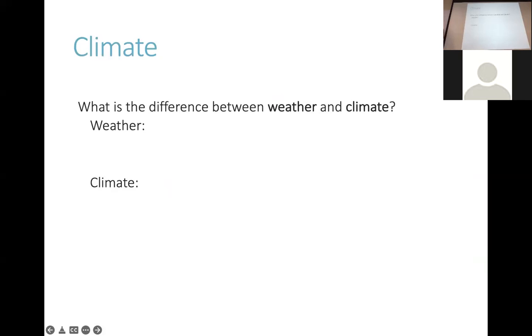Is it a hot summer? That's the weather. Are summers getting hotter every year? That's climate. So weather would be environmental conditions at a point in time. Climate would be more averages over multiple years.